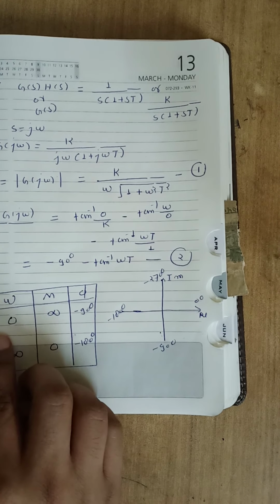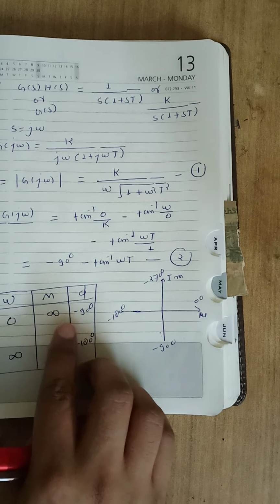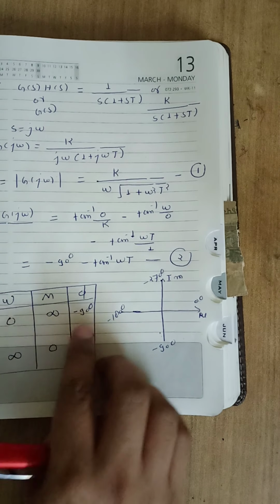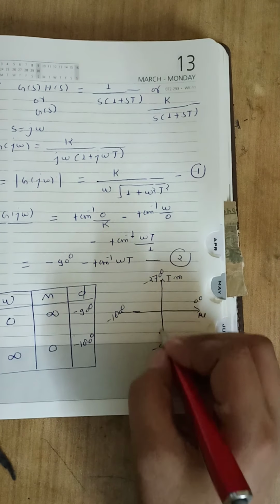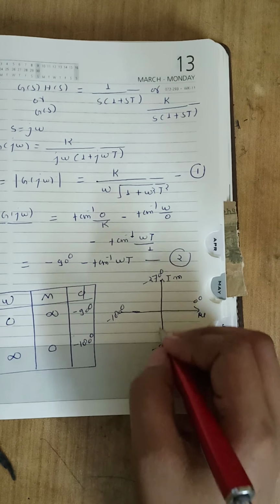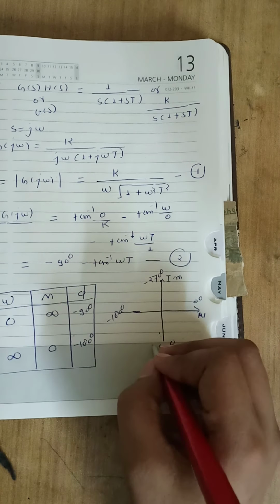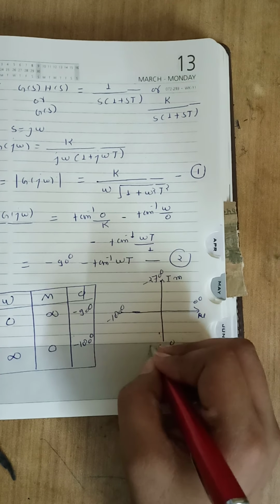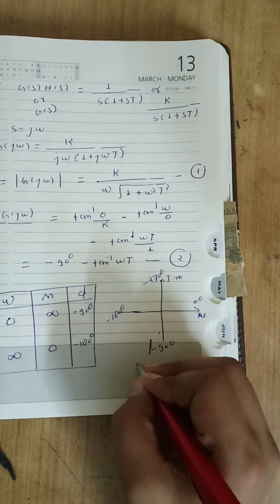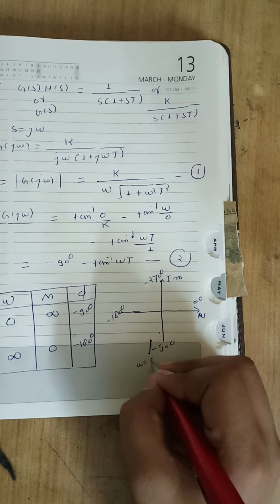For omega equal to 0, we have magnitude infinity and phase angle minus 90 degree. This line defines a phase angle of minus 90 degree, but the magnitude is infinity, so here omega equal to 0.